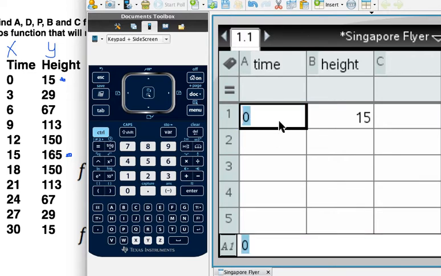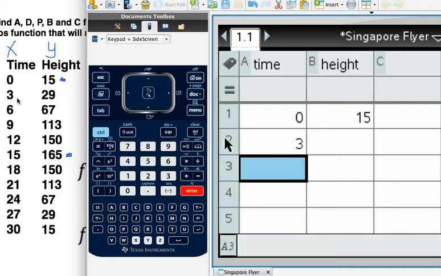And now a couple things. Hopefully some of you remember that instead of entering lots of data over and over again, you can just set up equations. So we're going to do the equation A1 plus 3 for our time, because we increased our time by 3 minutes every single time.